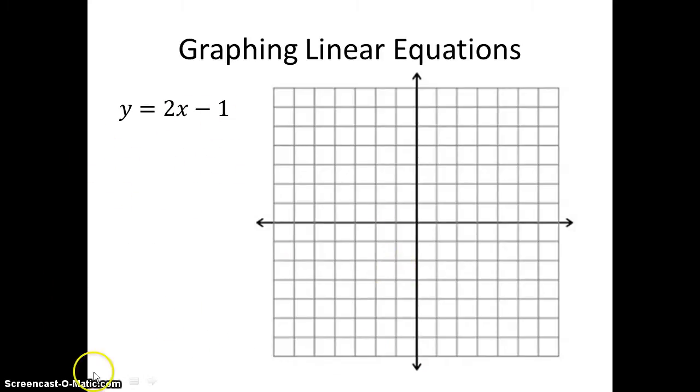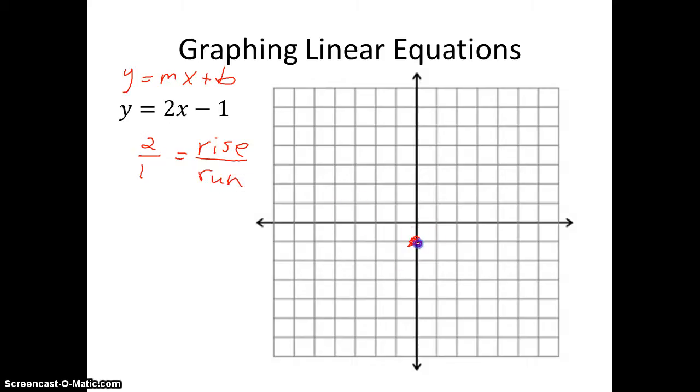So like I said, our form is y equals mx plus b. Well, our b here is -1, which is our y-intercept. A good starting point, our y-intercept is always a good starting point. So we're right here. Now our slope is 2. Now 2 can also be looked at as 2 over 1, which equates to our rise over run.